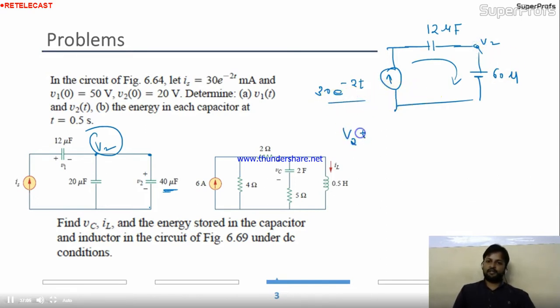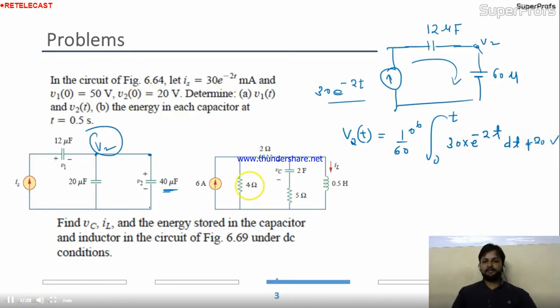So now the calculation remains for V2. This is nothing but 1 by C, 1 by 60 micro, 10 to the power 6 will come up, integral from 0 to t of the current 30 e to the power minus 2t dt, plus initial voltage. The initial V2 is given as 20.